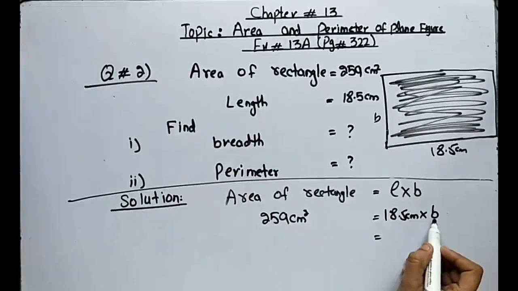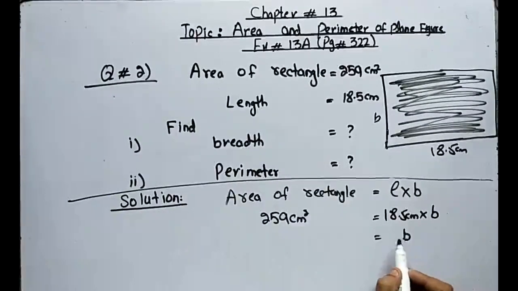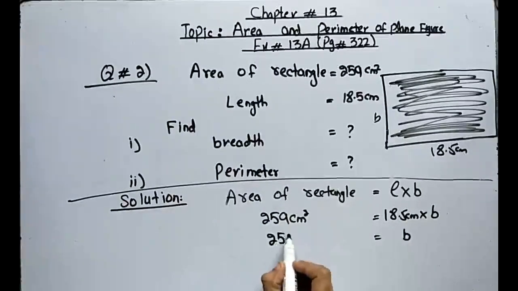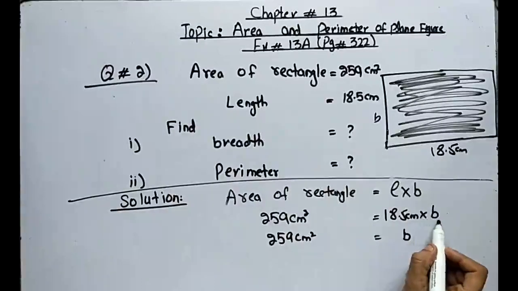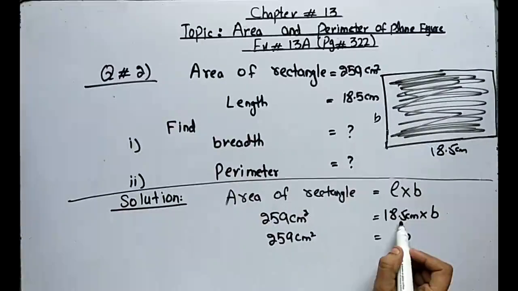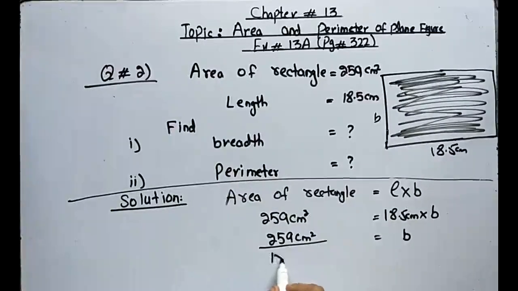As we are finding B, leave B here and 18.5 centimeter will move to the other side. 18.5 centimeter is multiplying here with B, so when it moves to the other side, it will divide.